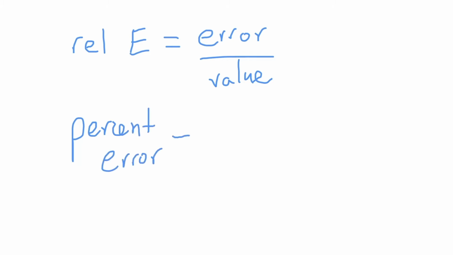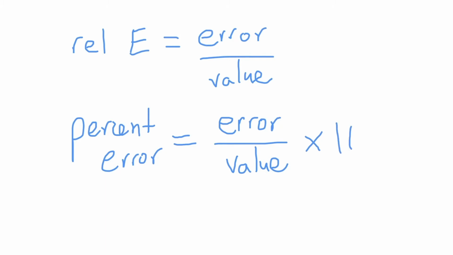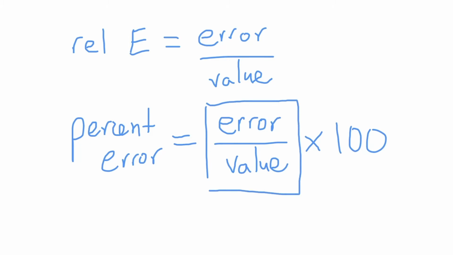You may have seen it written slightly differently, but one way to write it is the same way, error over your total value without the error. But now we take that times 100 in order to get a percent. So the relative error is actually hiding out here in our percent error formula. However, we're taking it times 100 now in order to turn it into a percent.